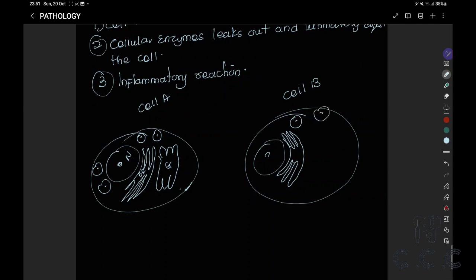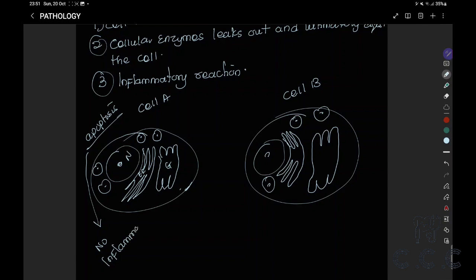So what do we need to know about necrosis, and what do we need to know about apoptosis? Well, for the concept of apoptosis, we don't want any inflammatory reaction. So one thing that happens in apoptosis is that there is no inflammatory reaction. Why?